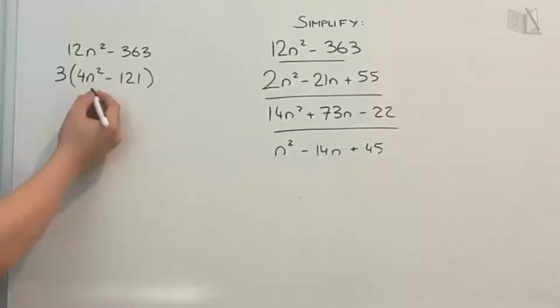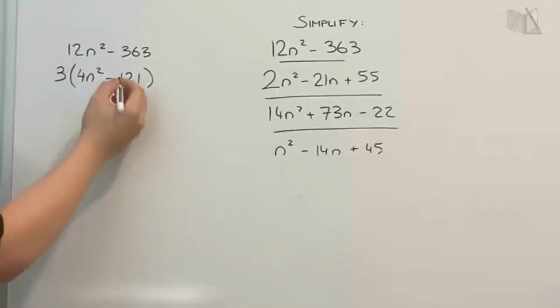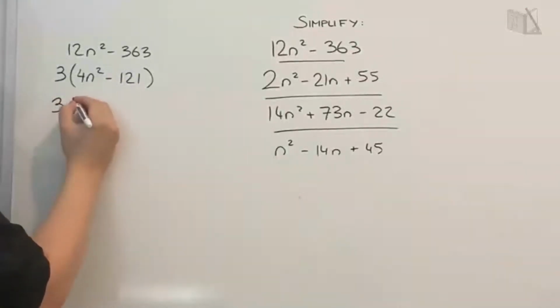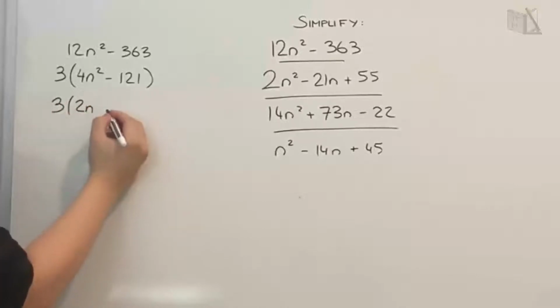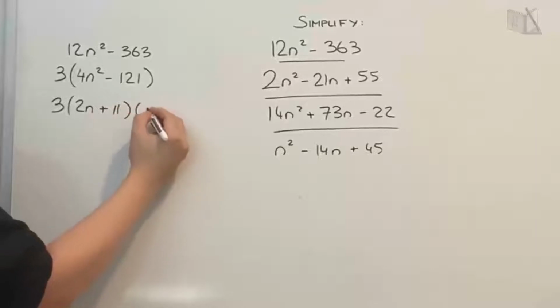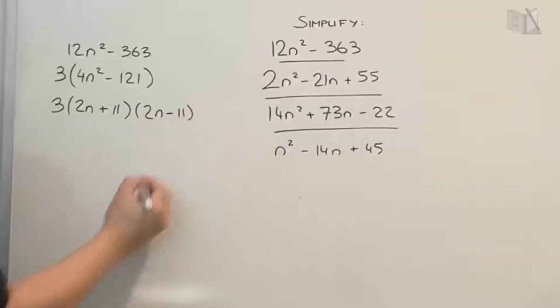I notice that 4n squared minus 121 is a difference of two squares. This is because 4n squared can be square rooted and be left with a whole number, and it's the same case for 121. That means we're going to be left with 3 bracket 2n plus 11 and 2n minus 11.